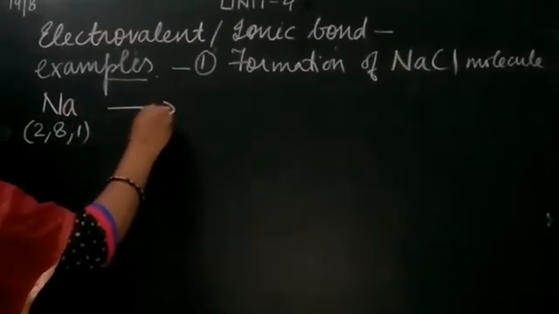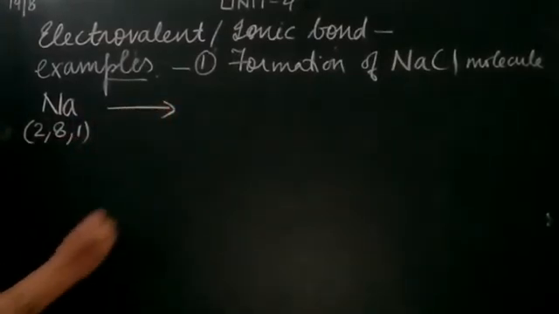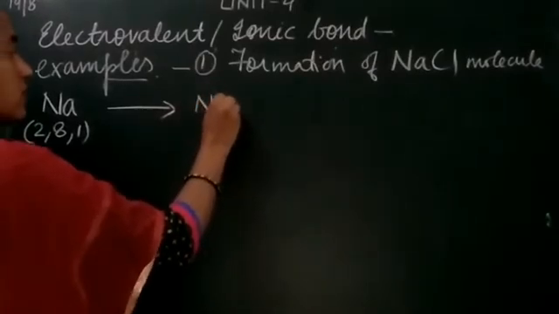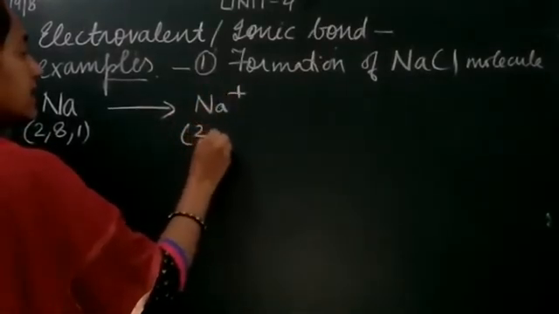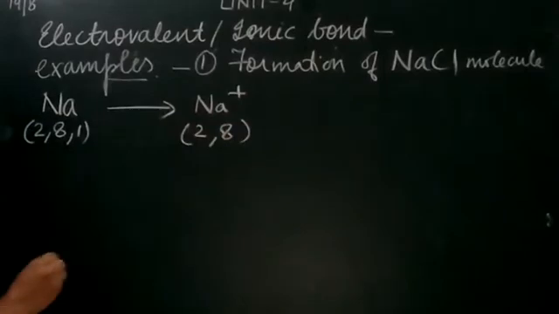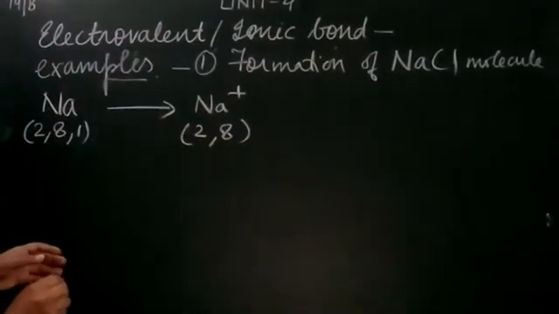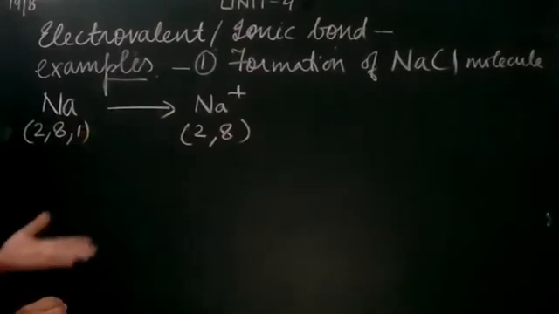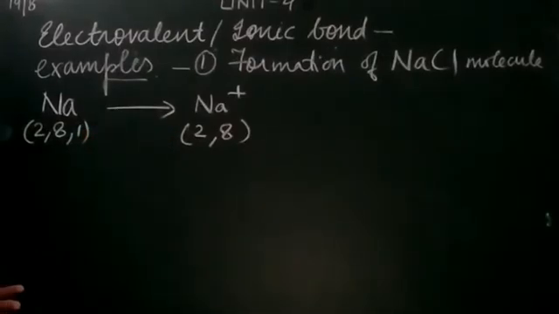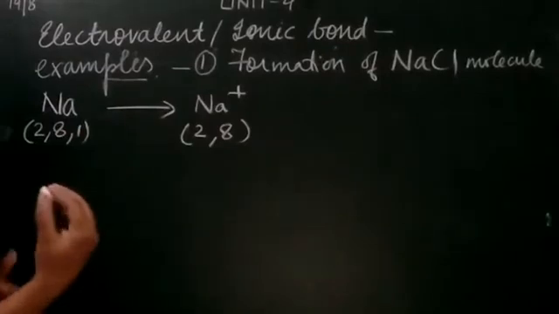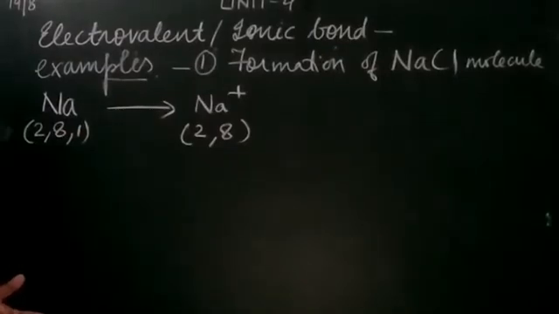It will lose its electron, and why is it doing so? So that it gets the nearest stable noble gas configuration of its outermost shell, that is ns2 np6 configuration, which is just similar to neon, right?